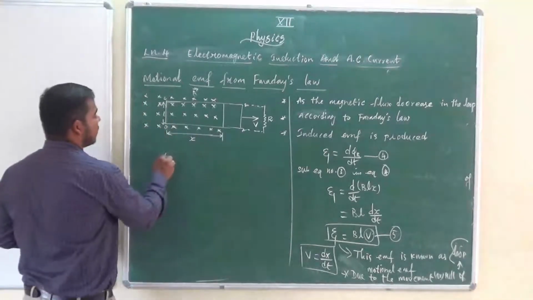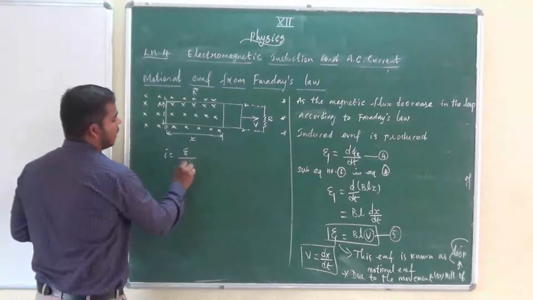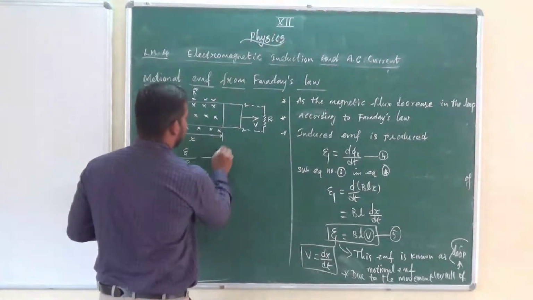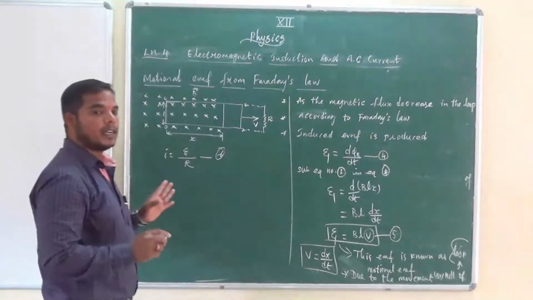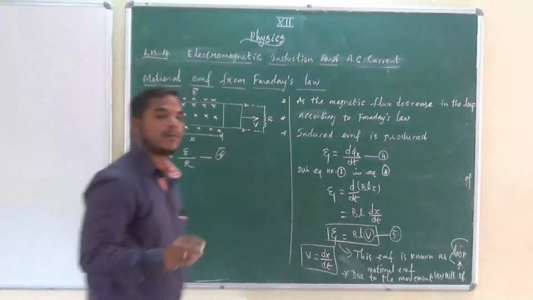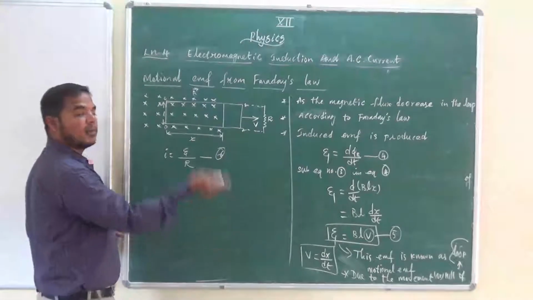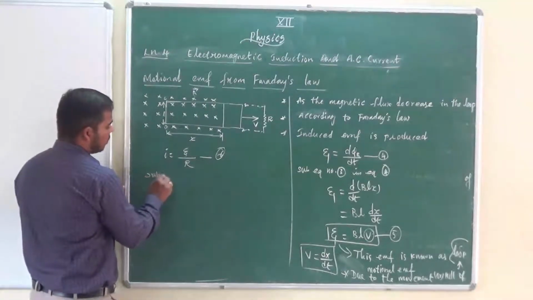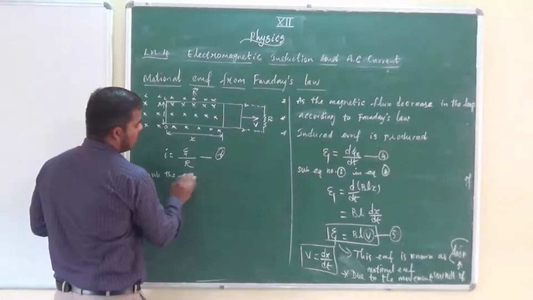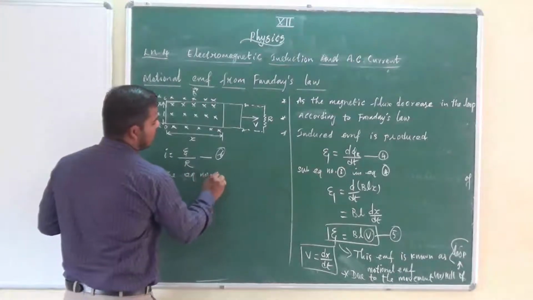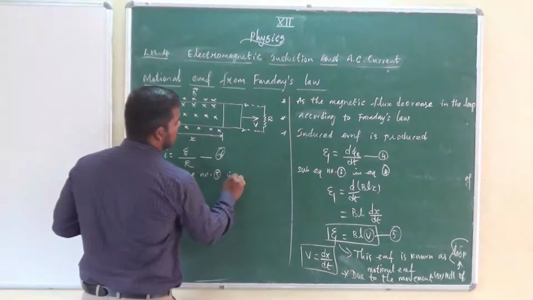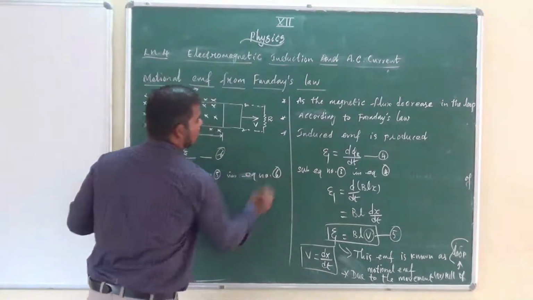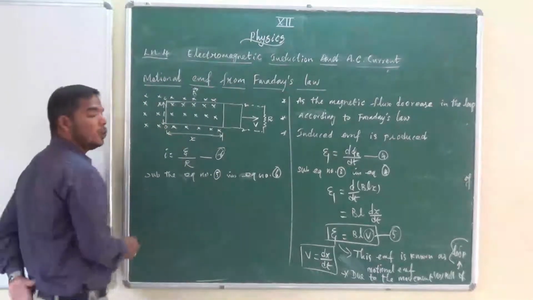I is equal to psi by R. This is equation number 6. Already we got the value of psi in equation number 5. So substitute equation number 5 in equation number 6.